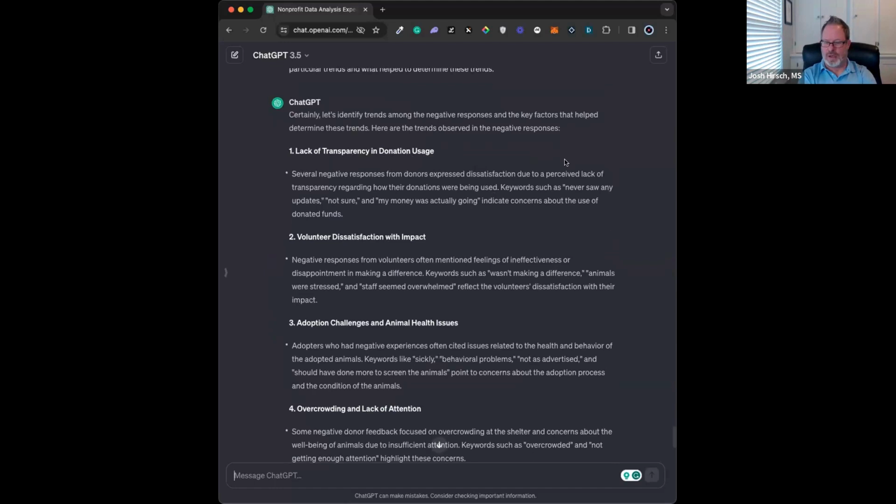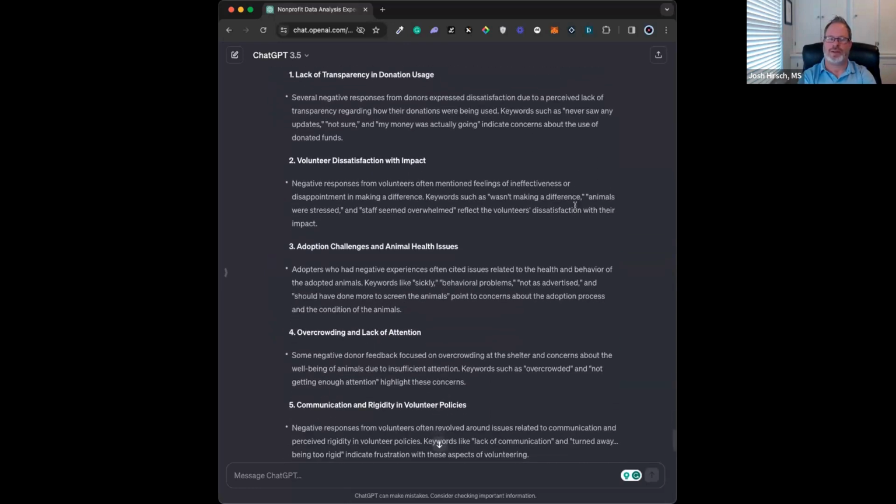Keywords such as never saw any updates, not sure where my money was actually going, all indicate concerns about the use of donated funds. And that's not what we want. We know based upon emotional intelligence that these donors feel a much greater attachment and need to be invested in our organization. If they don't feel that they know where their dollars are going, they're going to go find somewhere else to support. So that's a big red flag we need to address.